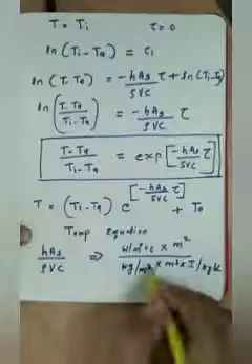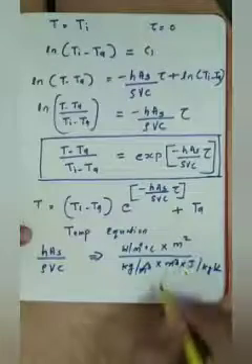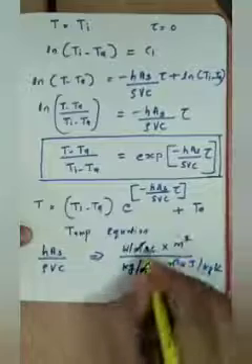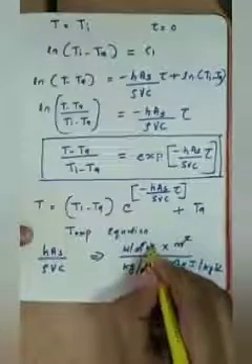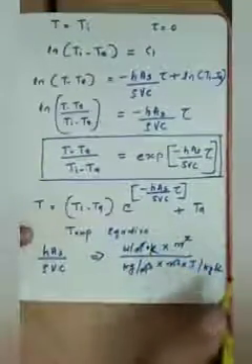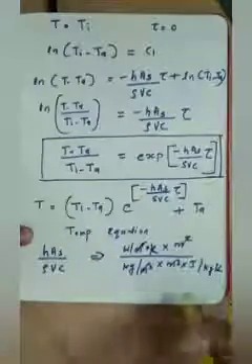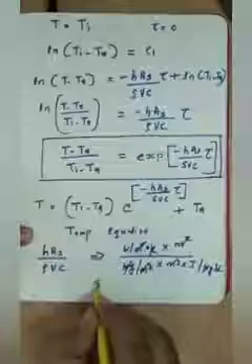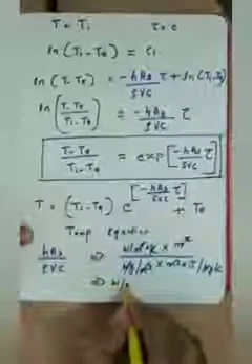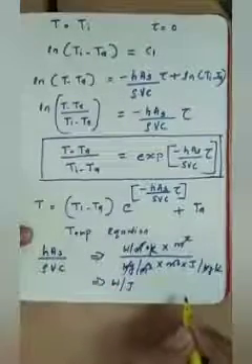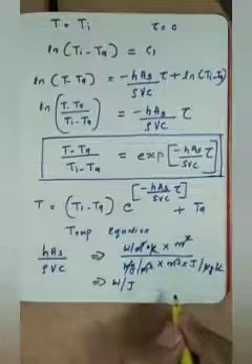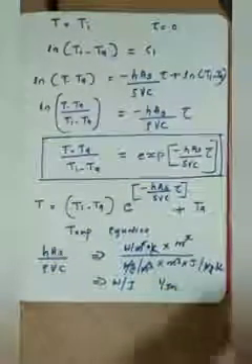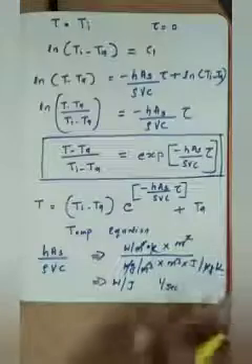So all the meter cube cancel, meter square cancel. Degree Celsius, make it Kelvin. Then kilogram cancel, and the remaining is watt per joule, that is joule per second per joule, that is 1 by second. The unit is 1 by second.